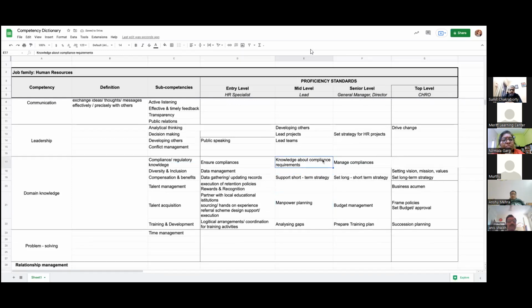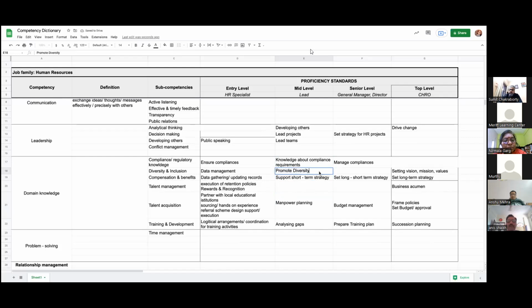Diversity and inclusion also, the mid-level person can promote diversity. Promote, exactly, at the execution level, promote the diversity agenda in the recruitment procedure.